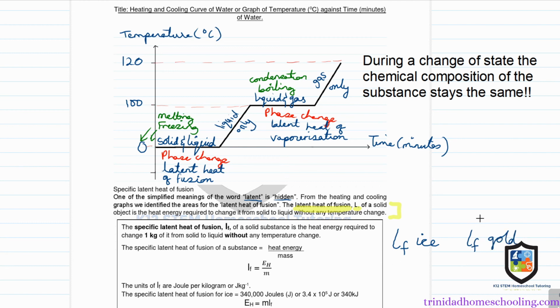You would need to supply more heat energy to melt solid gold to liquid gold than you would need to melt ice to liquid water. So this is what the specific latent heat of fusion is.